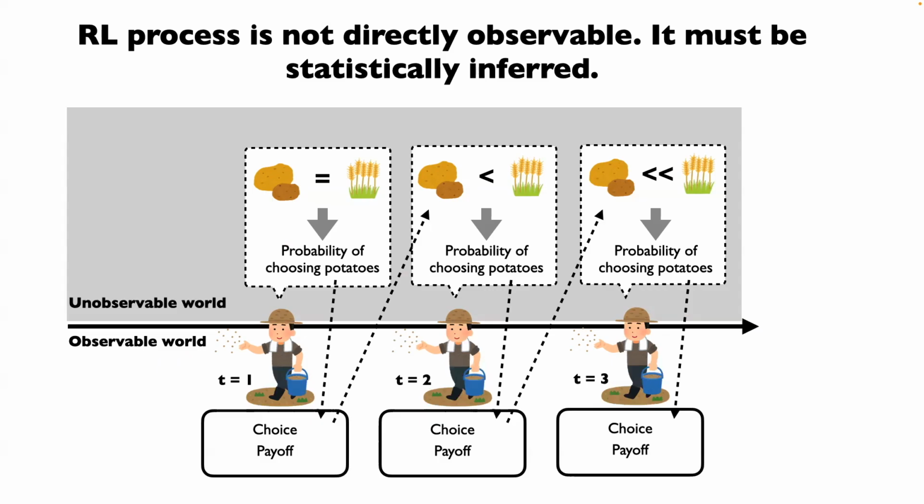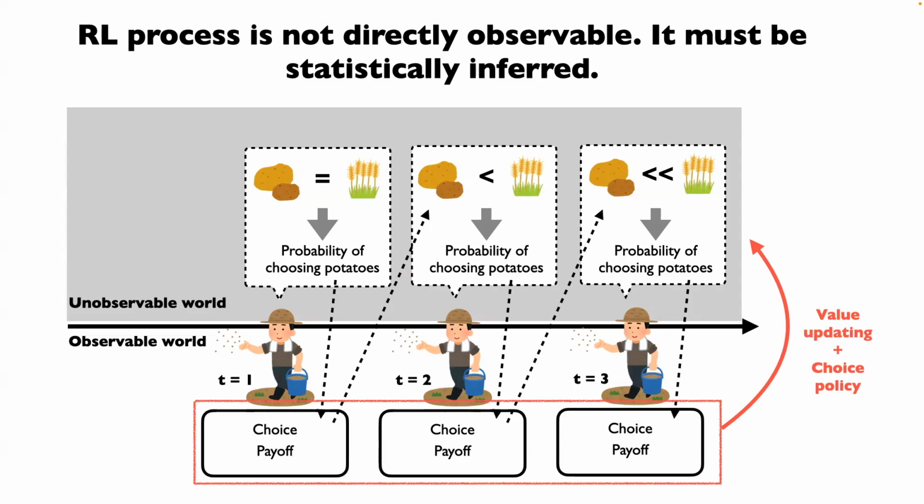But for this hidden process, we can assume that a reinforcement learning process is underlying. So we can assume that the observed data was generated from this value updating and choice policy, the combination of these two processes being the model of these hidden processes.